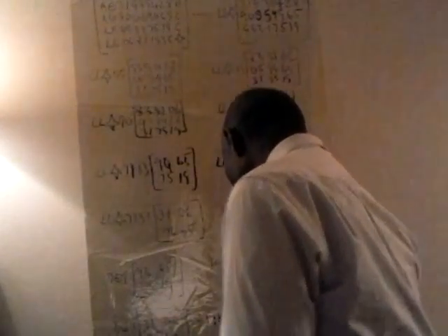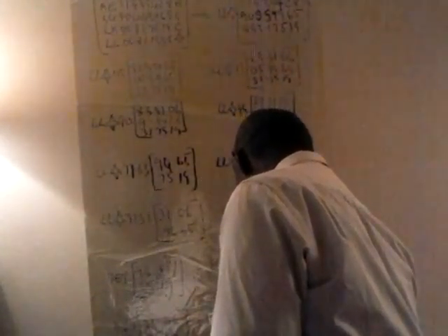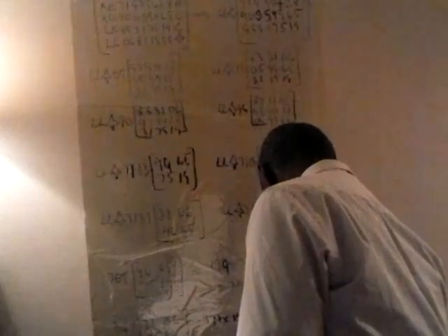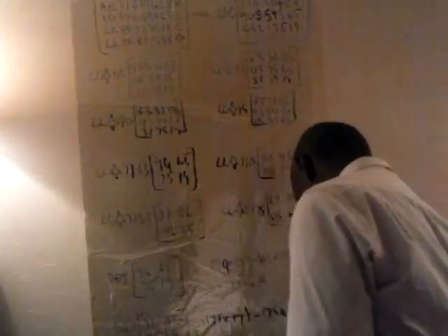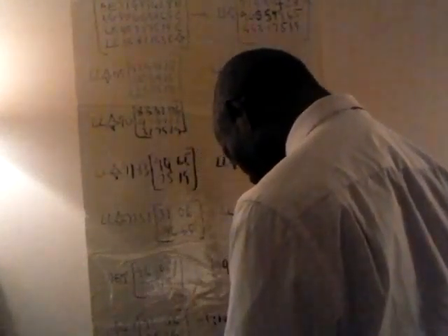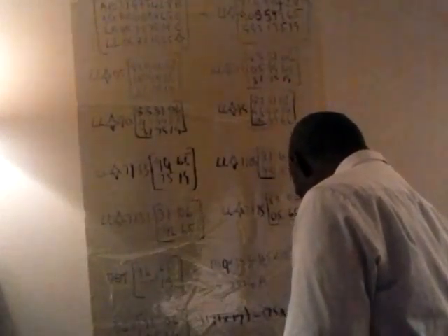And the determinant of that 2 by 2 would be 83 multiplied by 65 minus 5 times 6. 5 multiplied by 6.